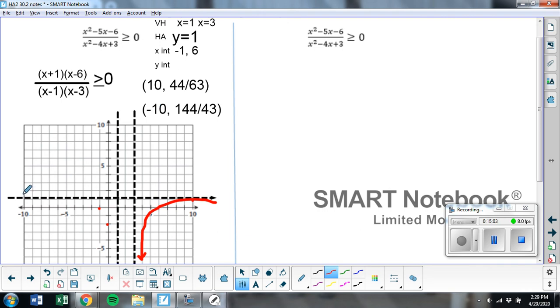I just want to know if I'm approaching it from above or from below. 144 over 43 is definitely more than 1. It's quite a bit more than 1. That's going to be about 3 or something. Yep, a little over 3. So this is going to do this.